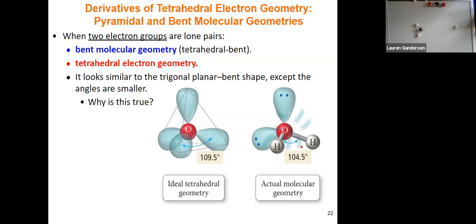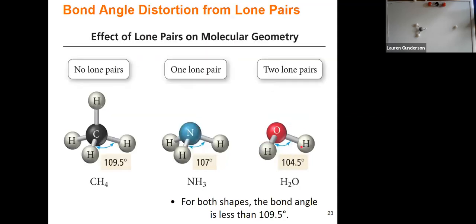Okay. So these are our 3 derivatives for our main perfect molecule, and then our 2 derivatives of the tetrahedral electron geometry. Okay, so everything's perfectly spaced out here.